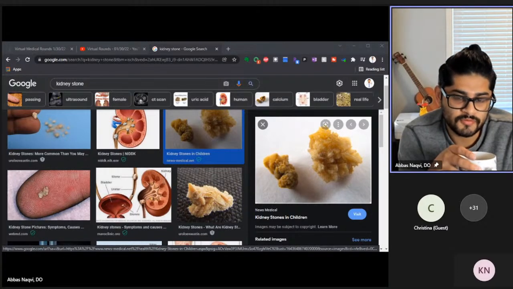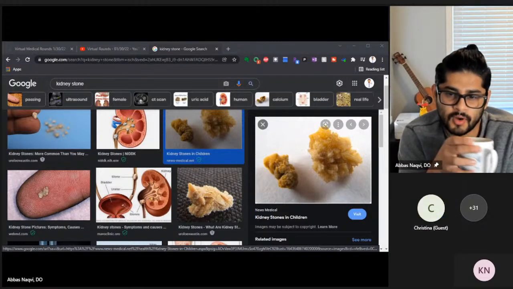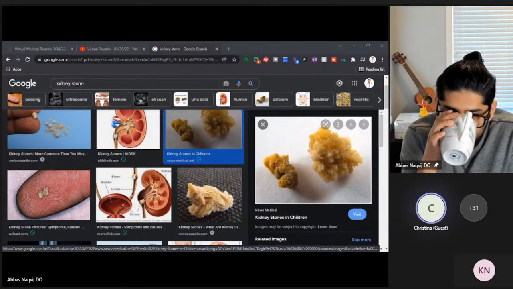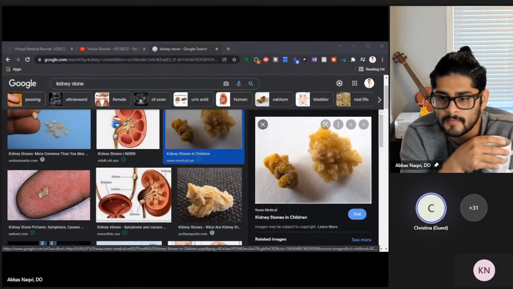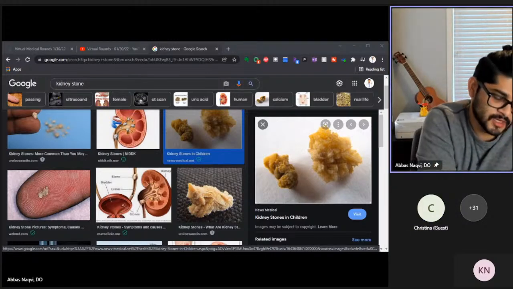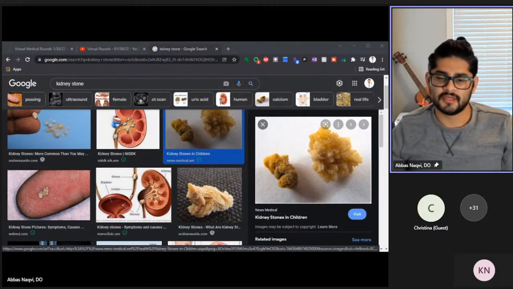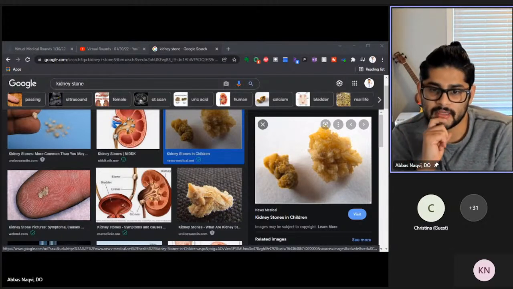Now, thinking about that, who typically gets infections of the urine? Is it more males or more females? I would say females. Why? I would say because they have their vulvas near their urinary tract, so they're more prone to infections. Close. It's all about the urethra, right?